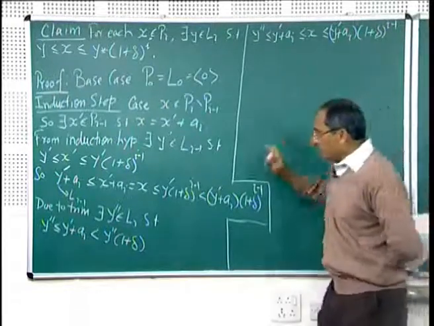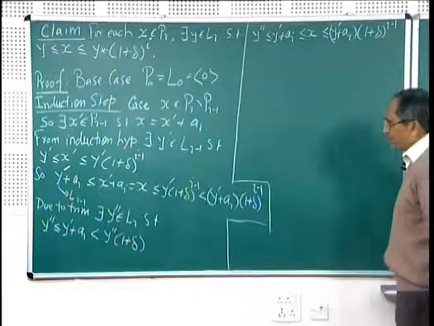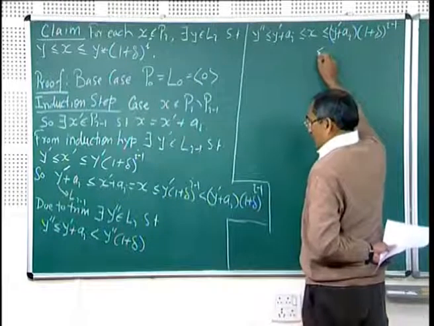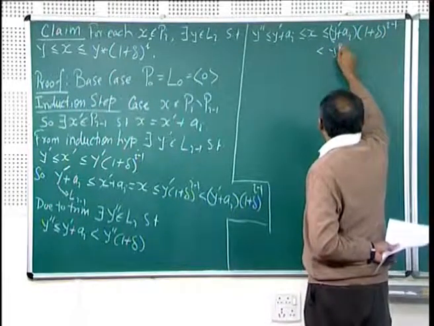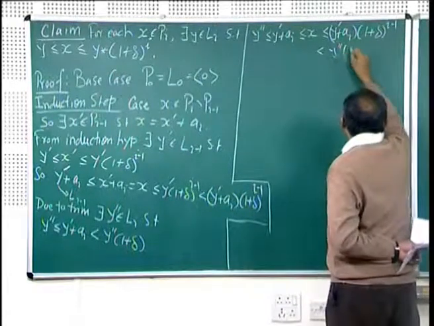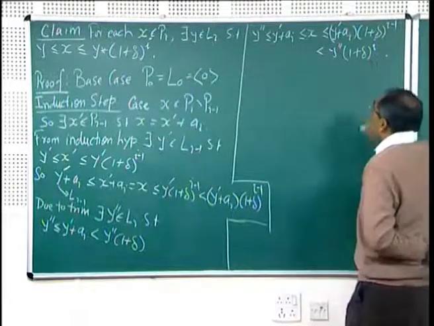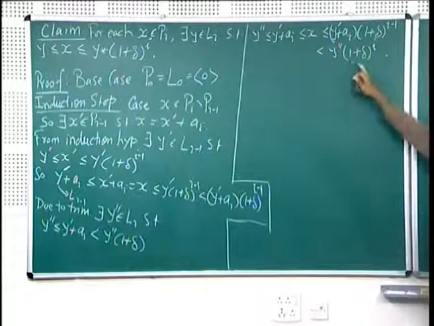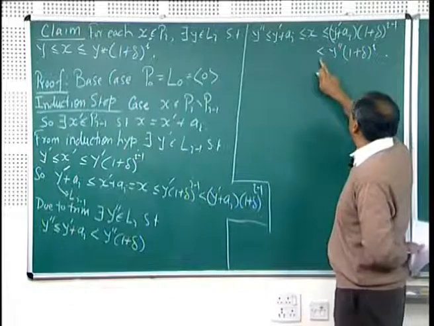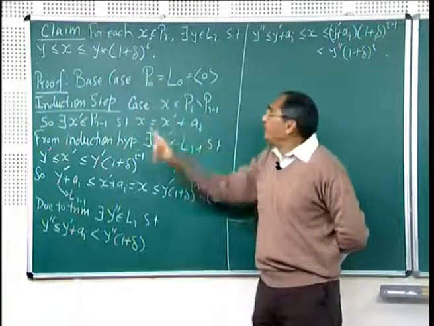And now, I use this part of the inequality, that y prime plus ai is bounded above by y double prime times (1 plus delta), and (1 plus delta) power i minus 1 makes it (1 plus delta) power i. Okay, so, this is exactly what we wanted. y double prime is less than or equal to x, which is less than or equal to y double prime times (1 plus delta) power i. This is the case.